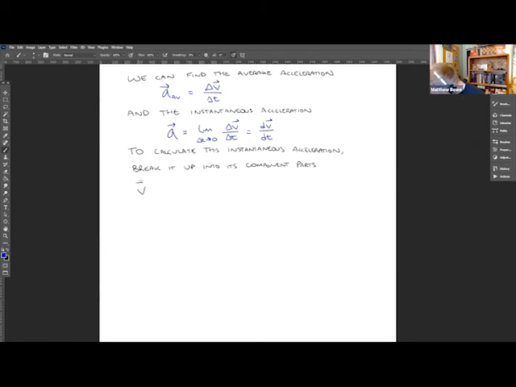Velocity is made of its own component bits. j hat for the vertical.